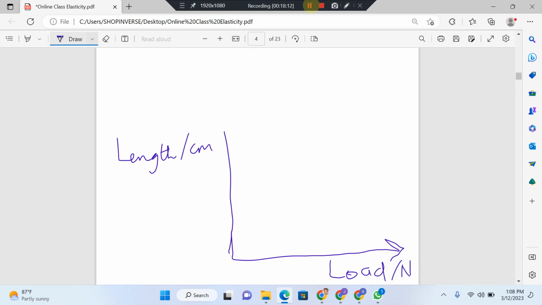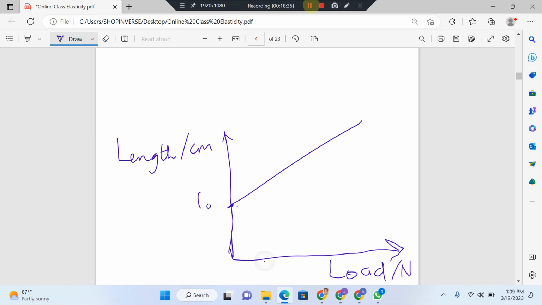What kind of graph would we have? Are we still going to have a straight line graph that starts from the origin? No. We have a straight line graph that starts from L naught. The value you have here must be L subscript 0. Okay, the graph must start from when the force is 0. That means the length when no force is applied.